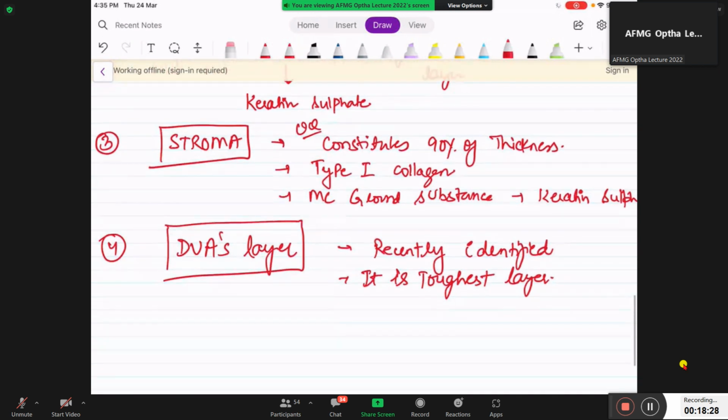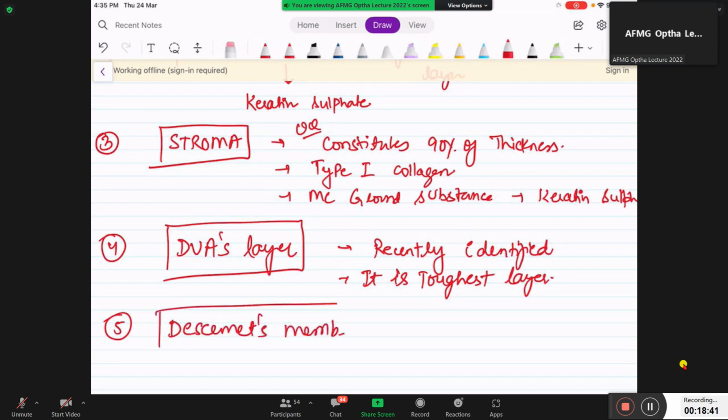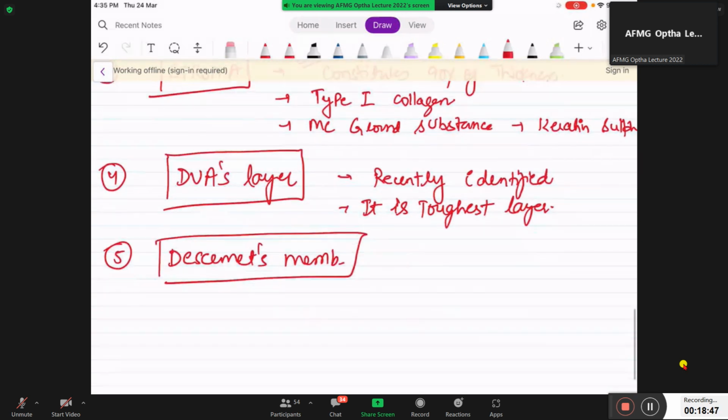So the fourth layer is Dua's layer, and the fifth layer is again a D. I told you there are 2 Ds, right? So the second D is called Descemet's membrane. Now an important point about Descemet's membrane, write down. This layer can regenerate.